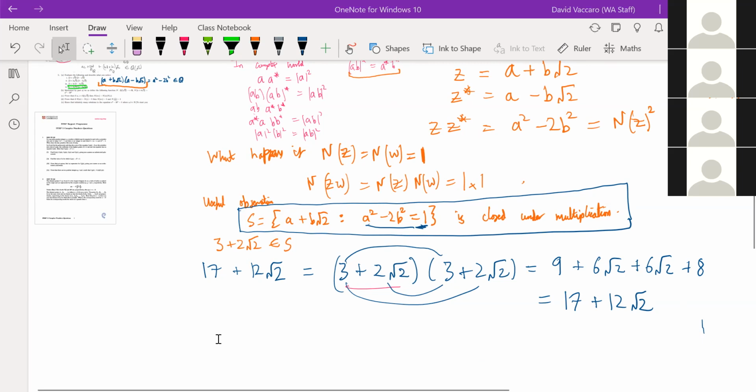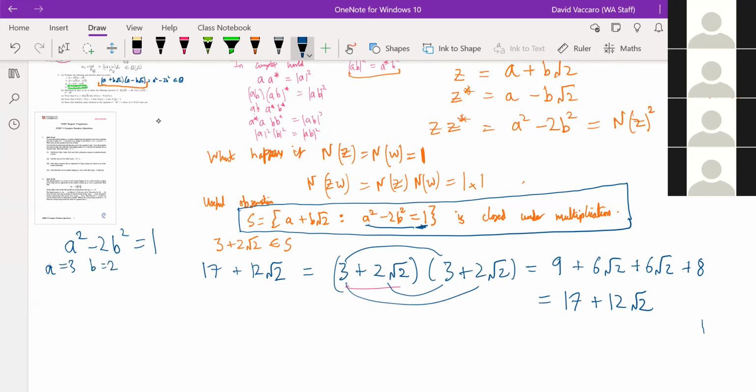Well, someone said Pell's equation. Pell's equation is the equation a squared minus 2b squared is equal to 1. And at the moment, we've got two solutions. We've got a equals 3 and b equals 2, and then we've got a equals 17 and b equals 12.